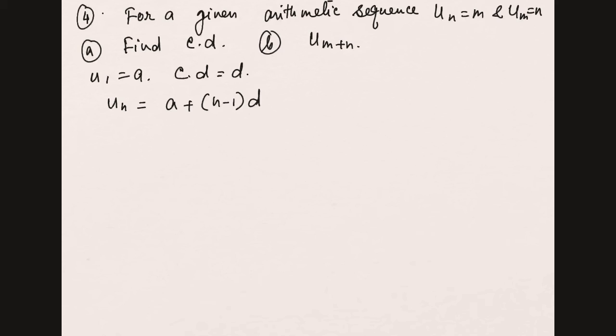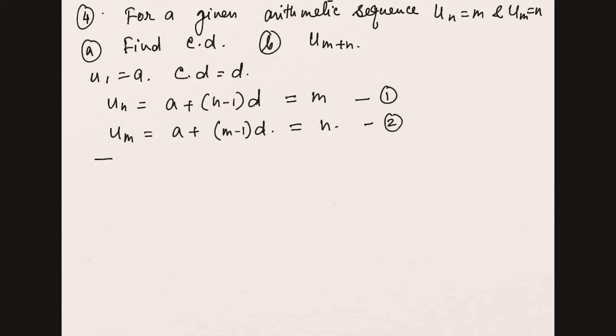And also, using this formula, I can write my Um equals the same a plus (m minus 1)d. Now that is given as Un is m and Um is n. Now simply simplifying these two equations. This is 1, this is 2. So what I am doing is subtracting one from another.